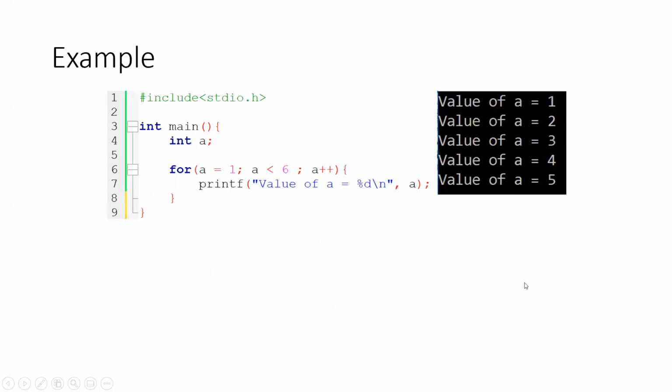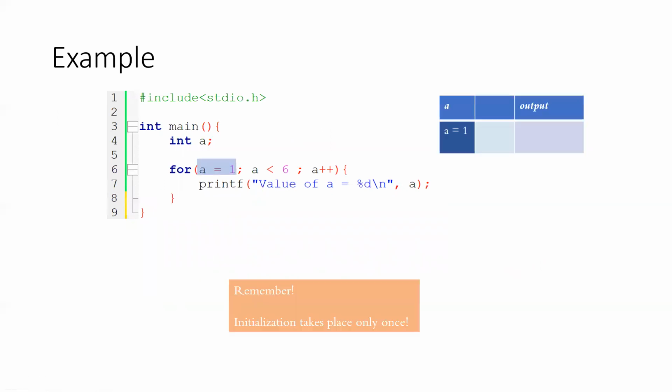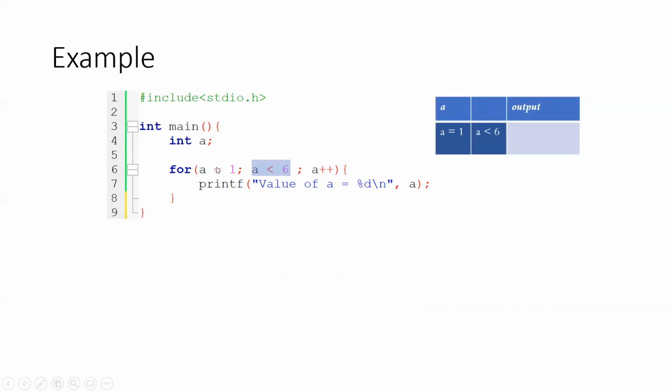Remember, the initialization takes place only once. So we have here a is equal to 1, and then it evaluates the condition. a is less than 6, it is true. So it will print the value of a, which is equal to 1.